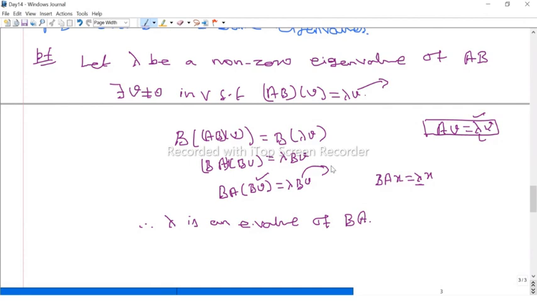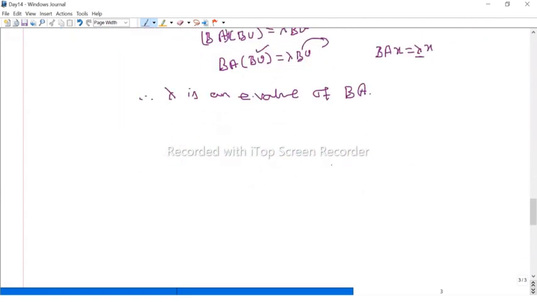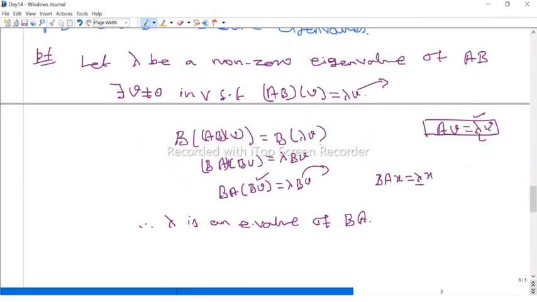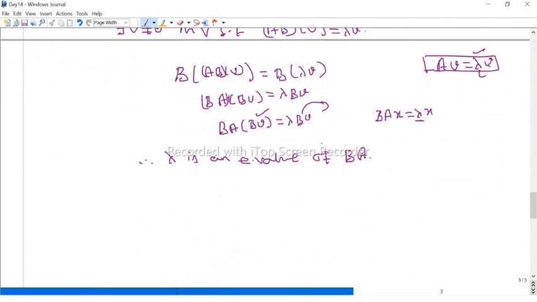It's very important. The next point: if you take a matrix A and its transpose, A transpose, both have the same eigenvalues.